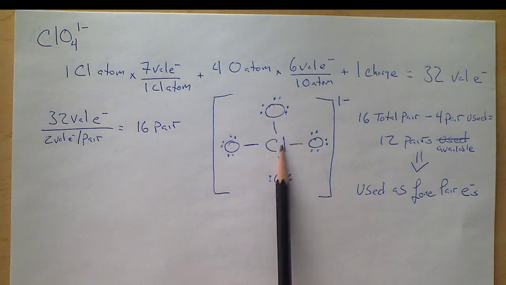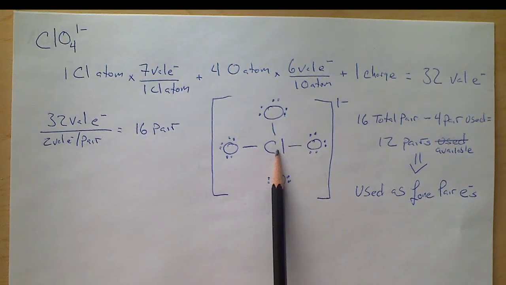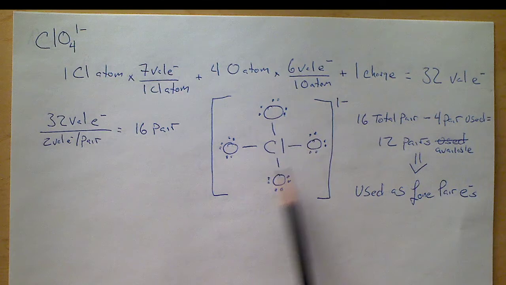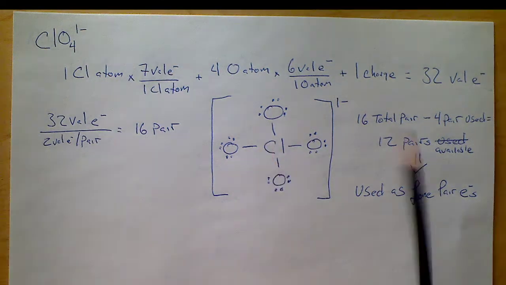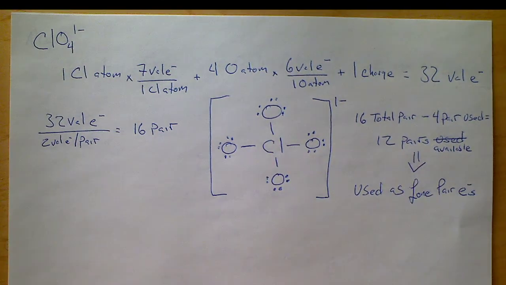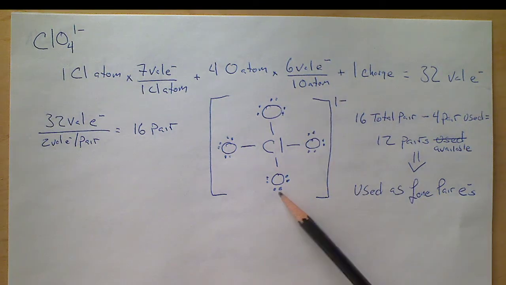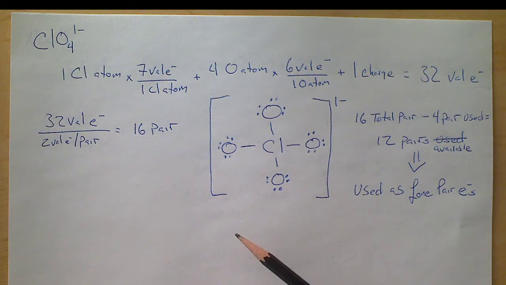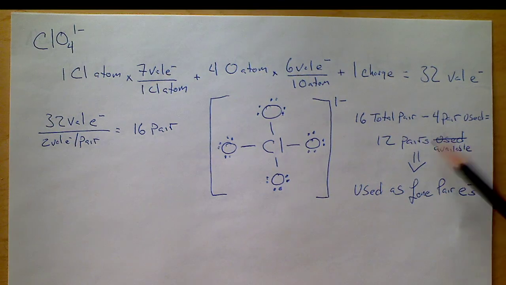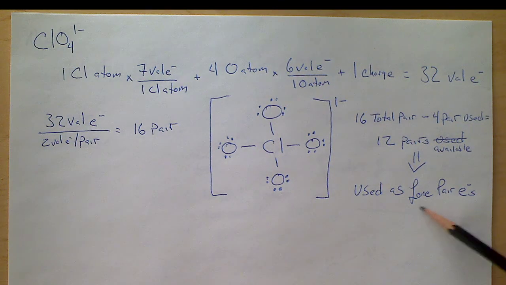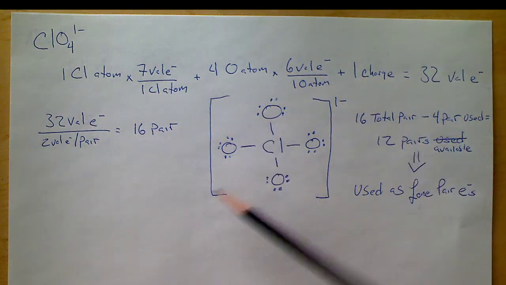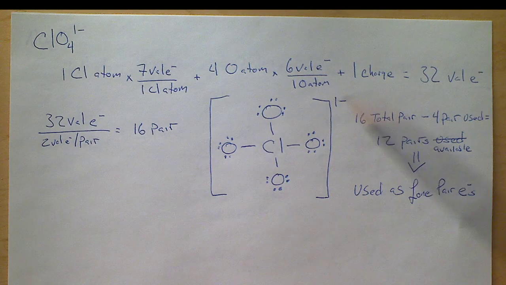I put my chlorine as my central atom and created my bonds with the oxygens. 12 were left over. Then I put my lone pairs of electrons on the outside. Those 12 pairs will be used as my lone pairs, and again I put it all in brackets with a -1 charge.